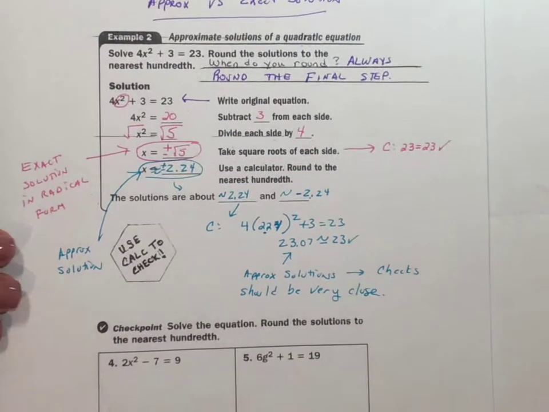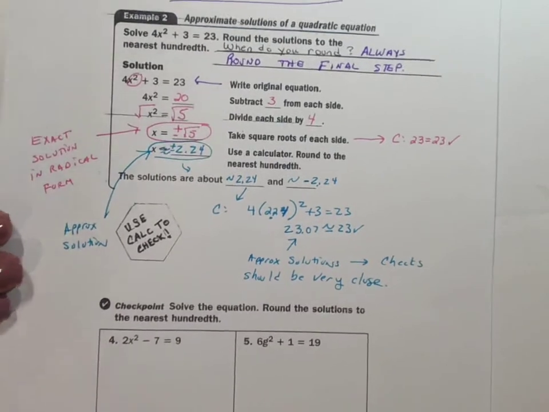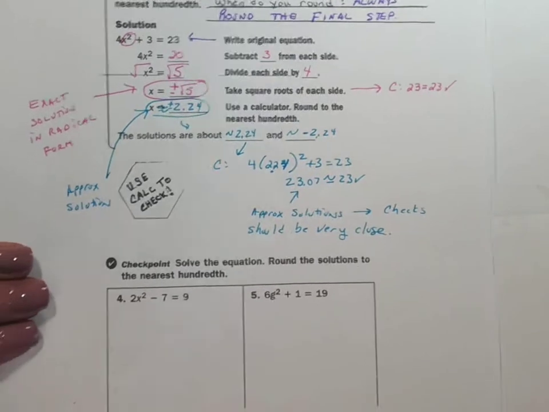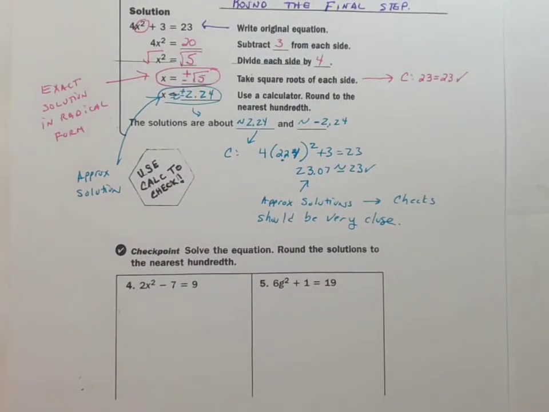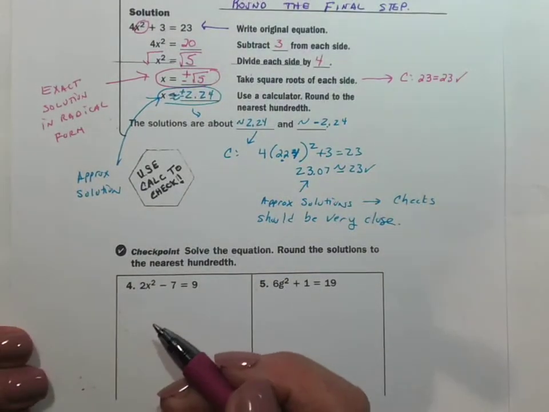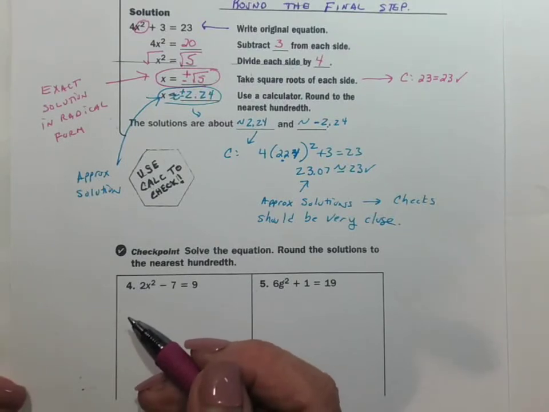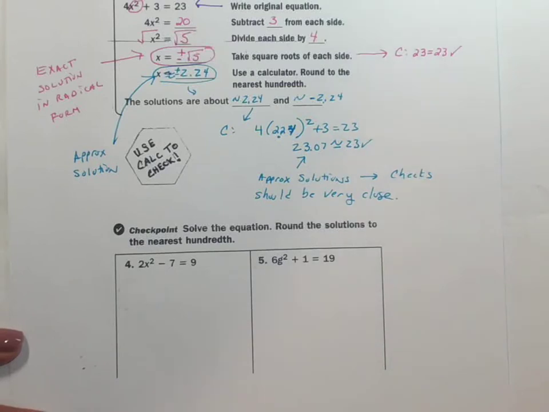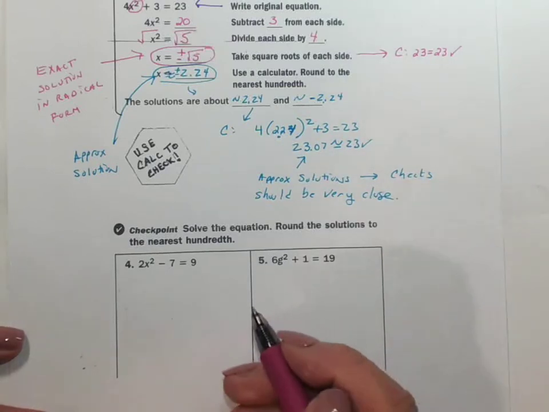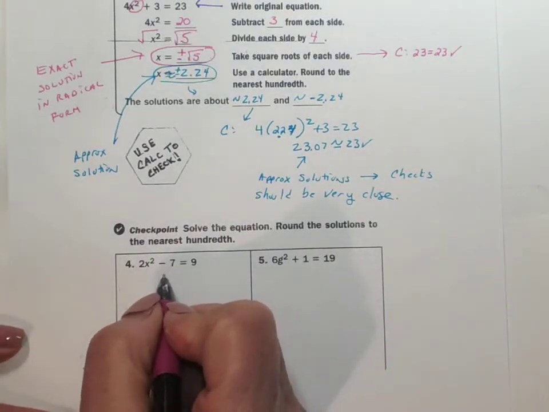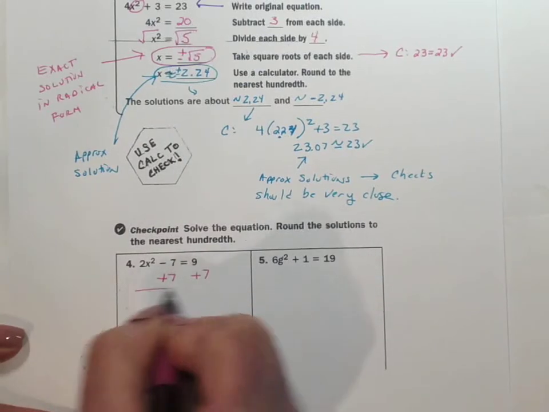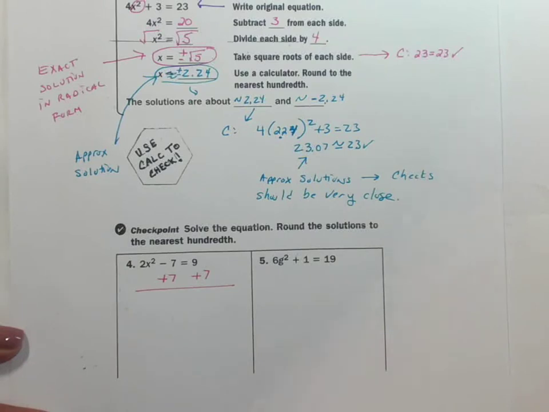Okay, so now I want you to pause this and do these problems yourself, and then come back and see if the work that you've done is the work that you should be showing. I'm going to start them, and you can pause it, work on them, and then see if I make any mistakes.